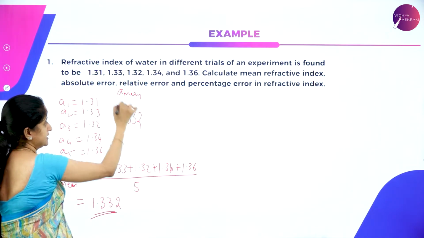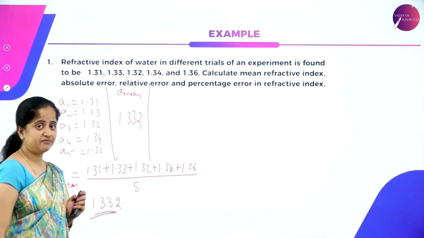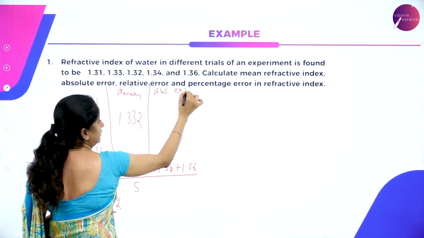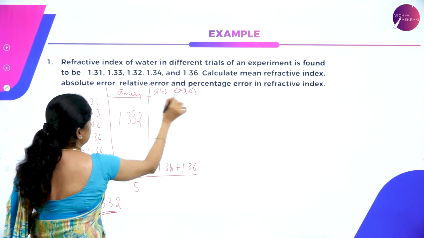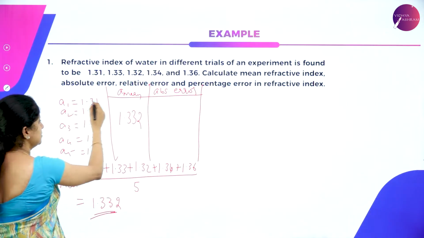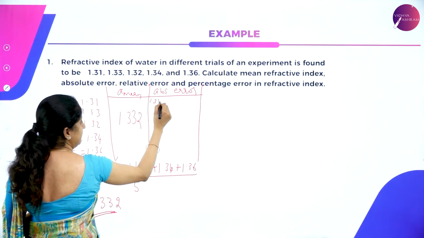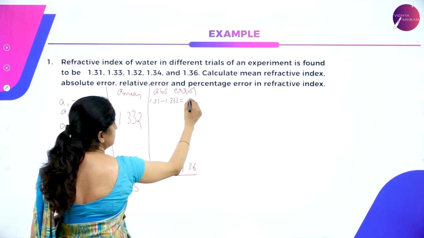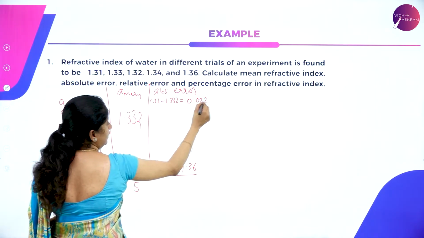Now, after calculating the mean value, we have to calculate the absolute error. How to calculate the absolute error? It is nothing but the difference of the individual quantity and the mean quantity. The first one we have is 1.31 minus 1.332, and the answer we get is 0.022.